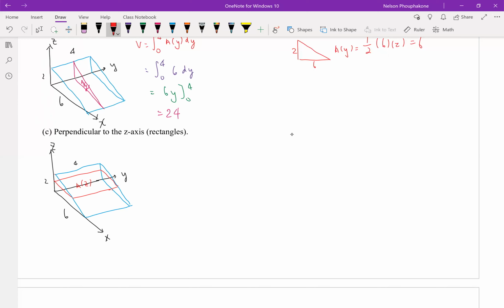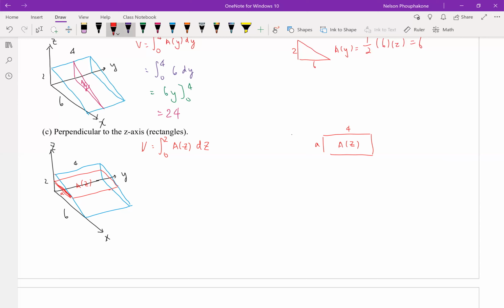So the volume right here is, we integrate between 0 and 2 of A of z dz now. So again, if we say that this length right here is A, then let's take a look. So this is A of z right here. If this is A, this is 4 right here.